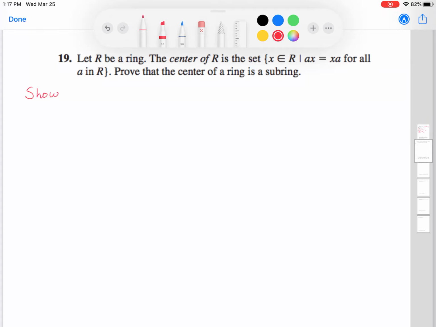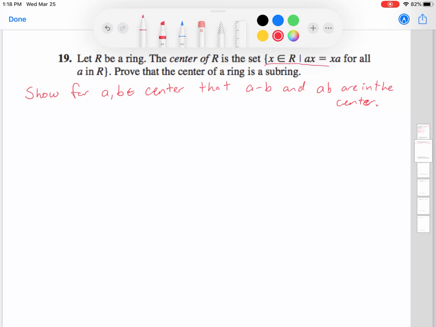And we need to show, for a, b in the center, that a minus b and ab are in the center.